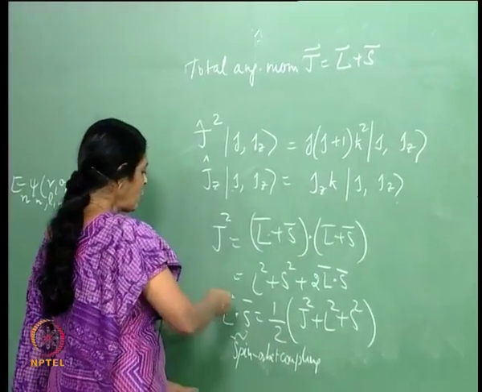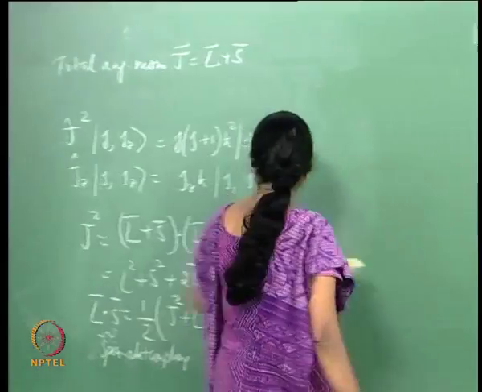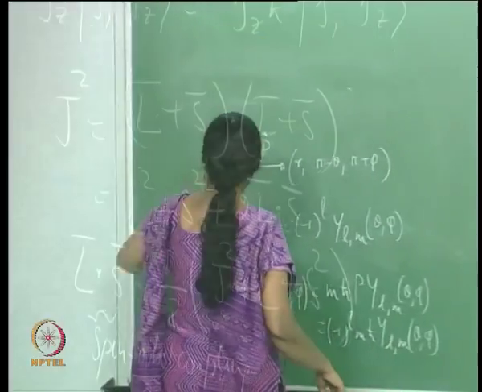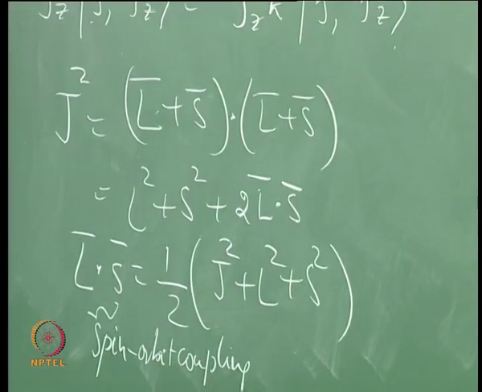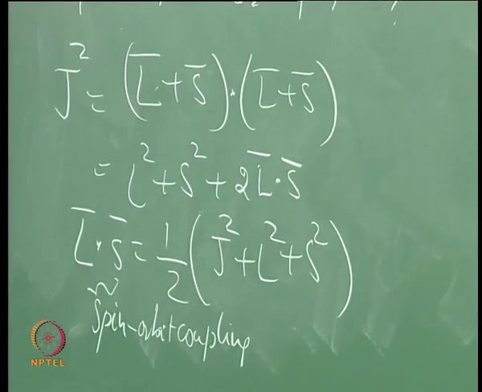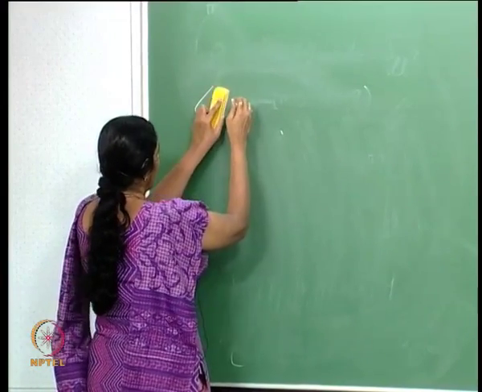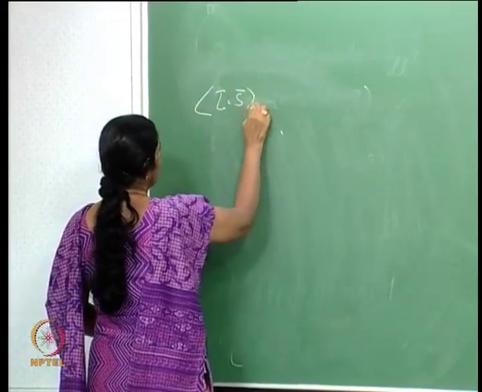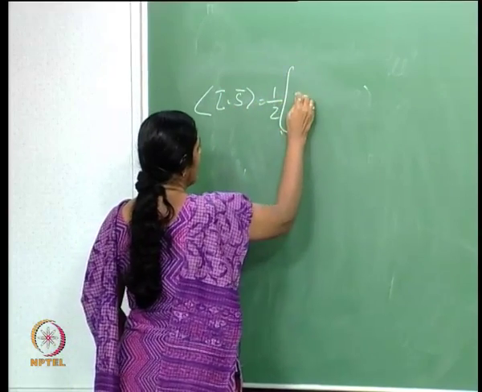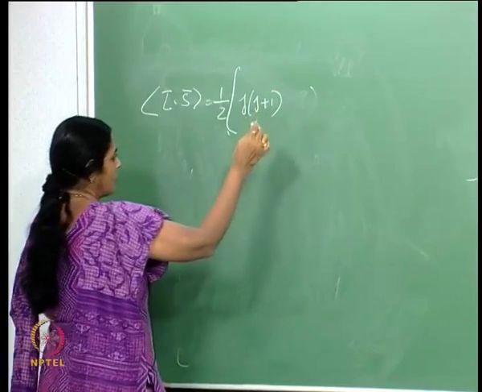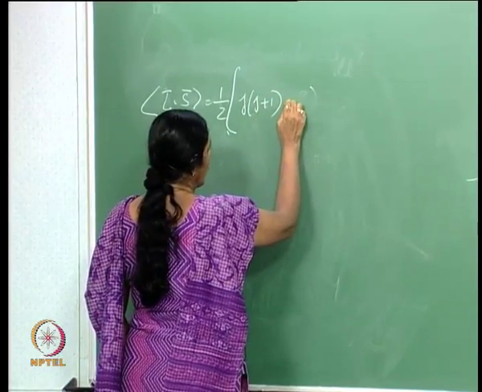So, how do I find the value of L dot S? This is the way I will do it. So, the value of L dot S is half the eigenvalue of J squared. We are working with eigenfunctions of these objects, J times J plus 1.